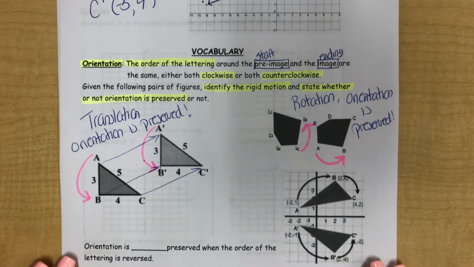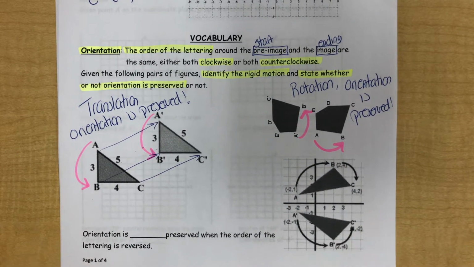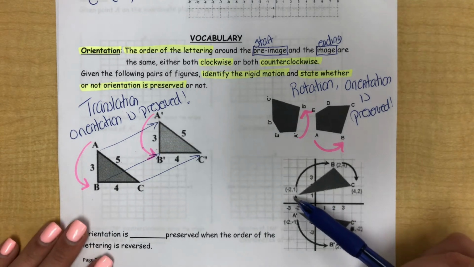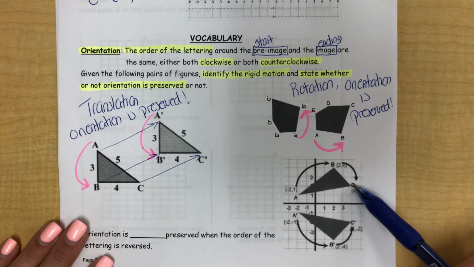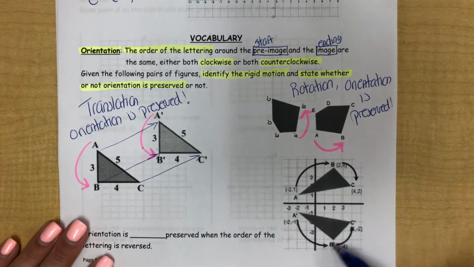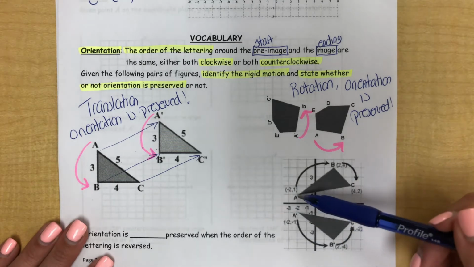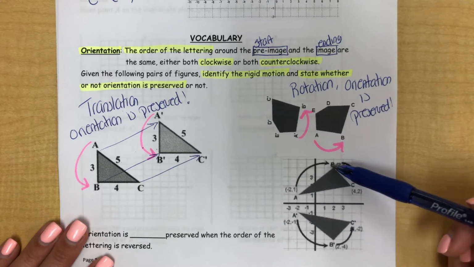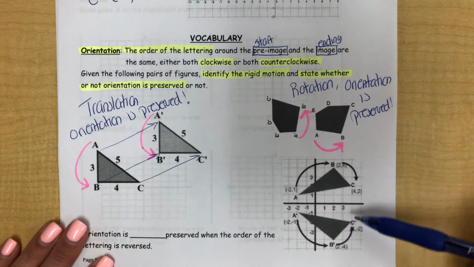And then last but not least at the bottom, I can see here that my pre-image is up top, A, B, C, and my image is down below, A prime, B prime, C prime.